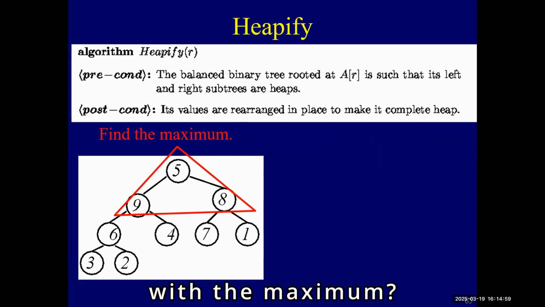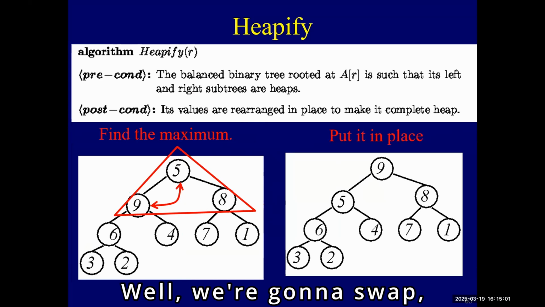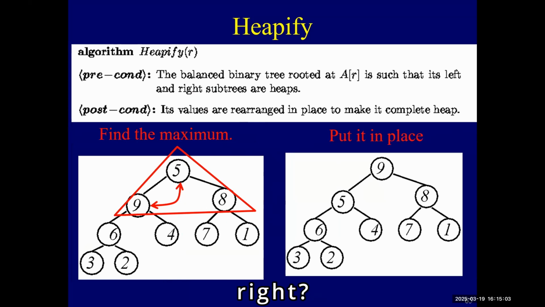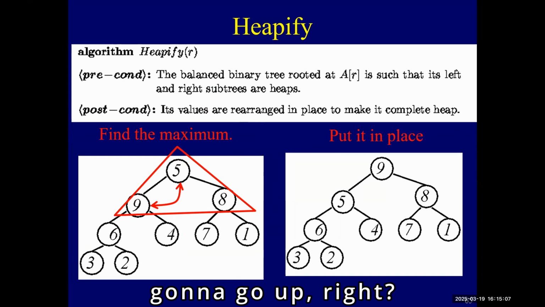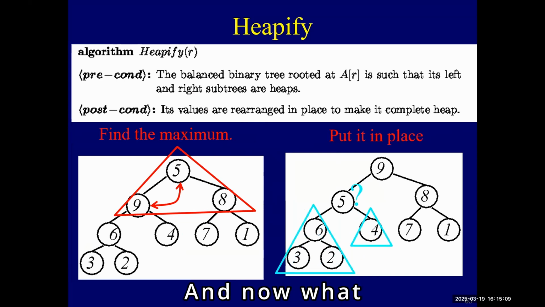And what do we do with the maximum? Well, we're going to swap. The 5's too small, so it's going to come down and the 9's going to go up. And now what do we have? Well, I'm going to say more globally, we know every node is happy in that everybody below it is smaller, except for the 5.